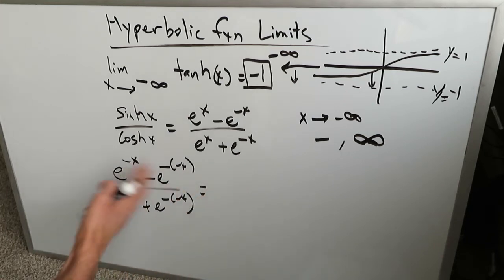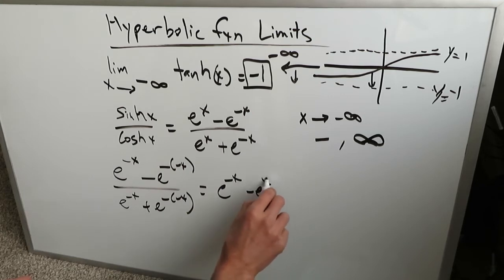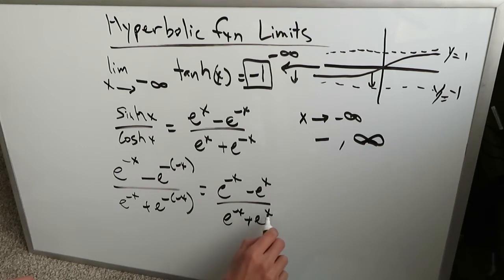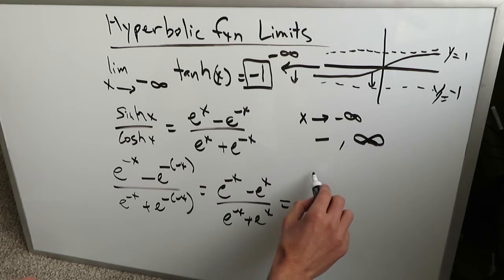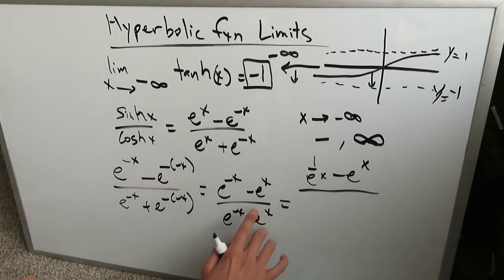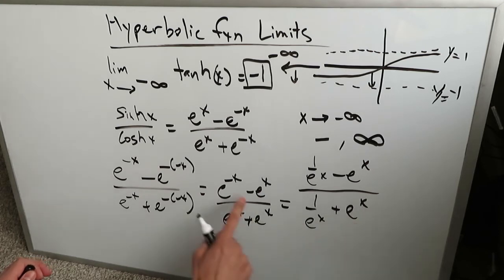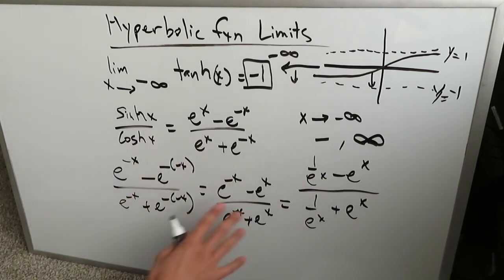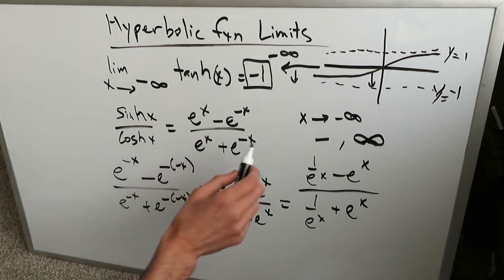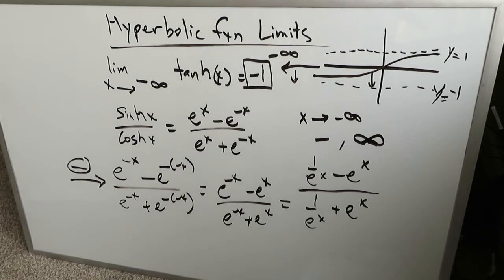When you simplify this out in terms of these negative signs, you get (e^(-x) - e^x) over (e^(-x) + e^x). When you rewrite everything out, you can actually end up getting this: 1 over e^x minus e^x, remember, I'm just manipulating forms here, nothing more than that, plus e^x. This has been rewritten in this form, and this is all the result of just applying, look over here, the minus component. I've only applied the minus component of this negative infinity.